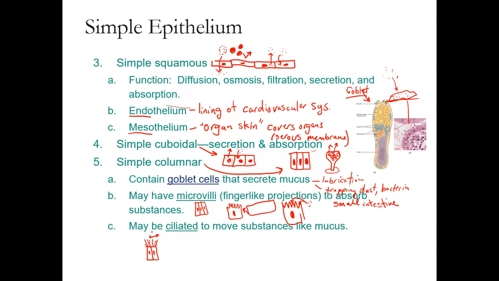So here's what happens. Inside your respiratory tract, you have some goblet cells that are full of mucus. So there's our mucus goblet. And next to that, we have some of these ciliated simple columnar cells. Basically, the mucus comes out, and that mucus rides up on top of these cilia and gets pushed away from your lungs.